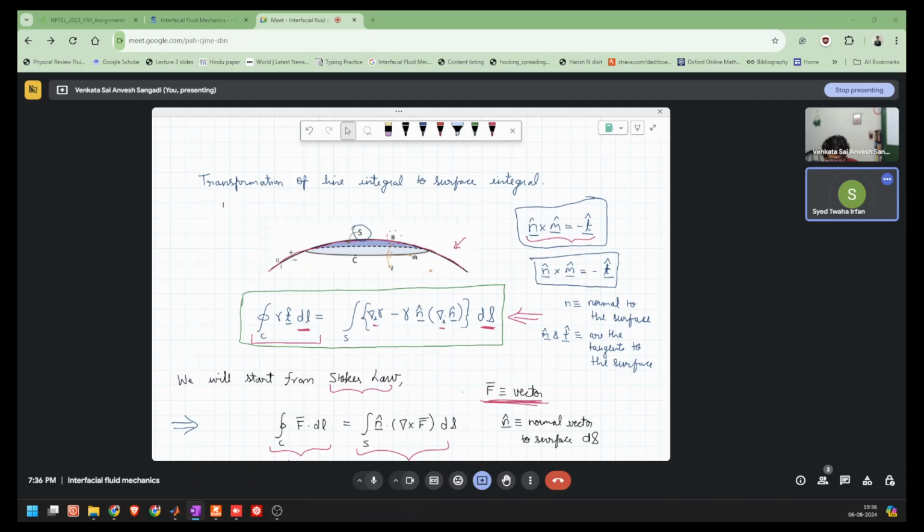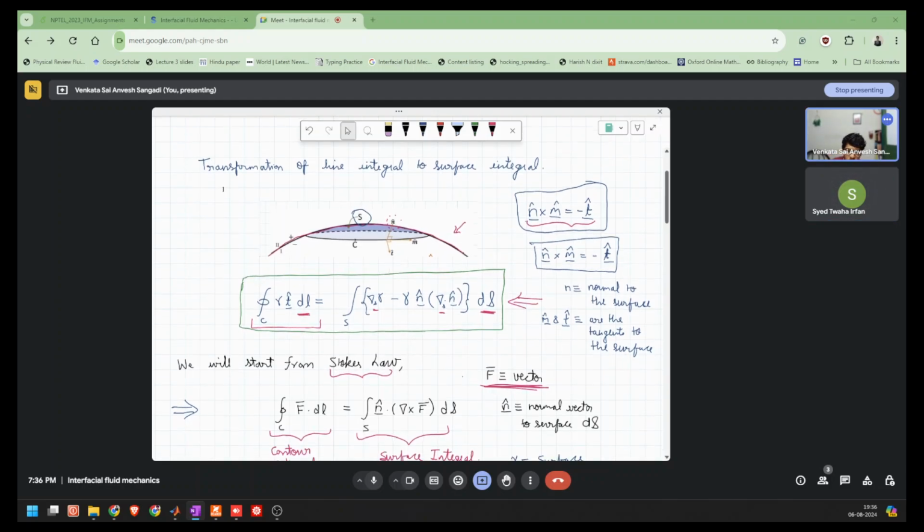Okay, I'll just quickly go over it. This equation that is written here is there in week 2, where we introduce surface tension in the momentum equation. You see this particular term in the momentum balance equation, and we convert it into a surface integral. So the dl is converted into ds, and this particular expression is directly given to you in the lectures.